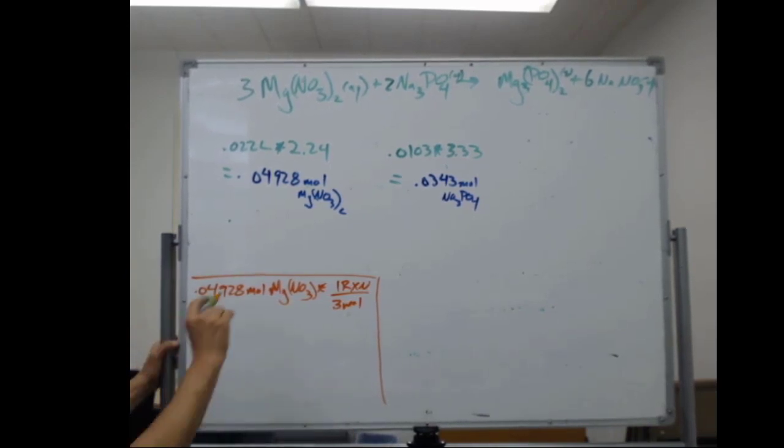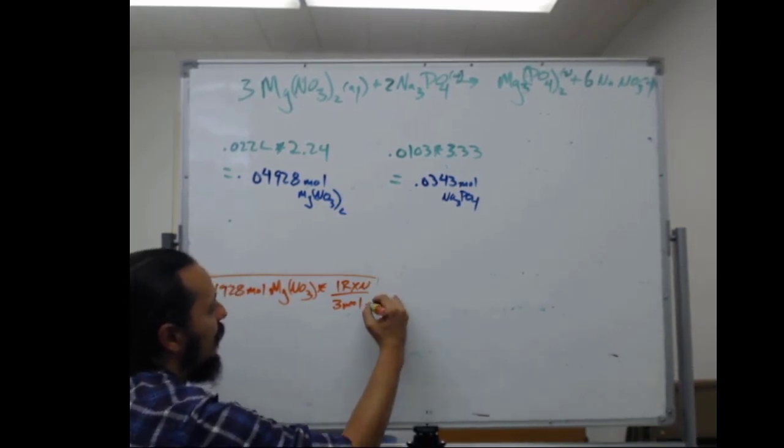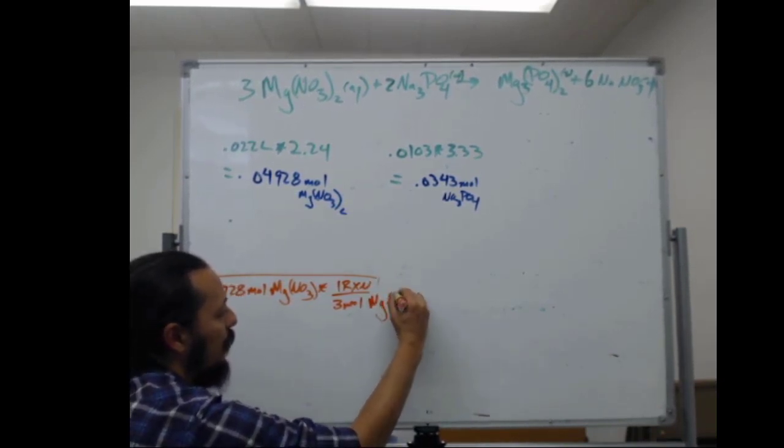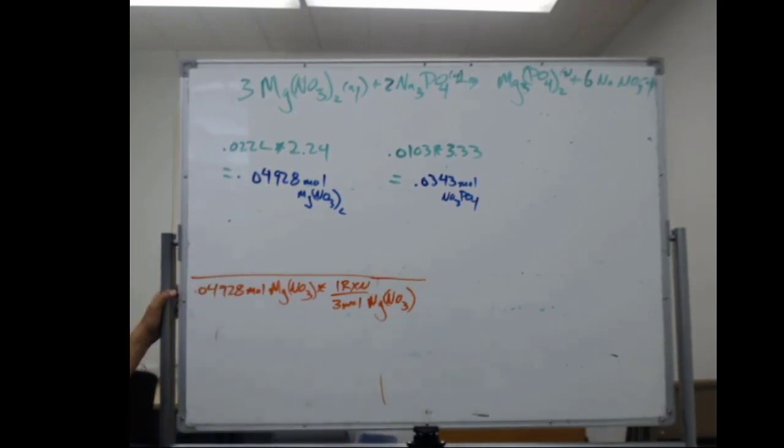And I can do the same calculation for the sodium phosphate. This will tell me how many times I can complete the reaction if magnesium nitrate was my limiting component. And then I can do the same thing with my sodium phosphate, 0.0343.